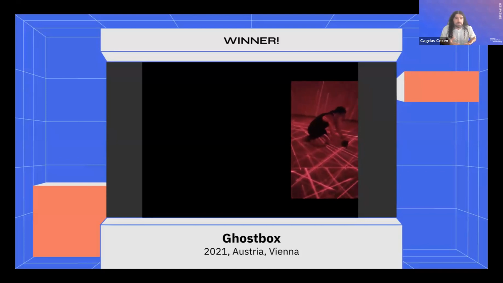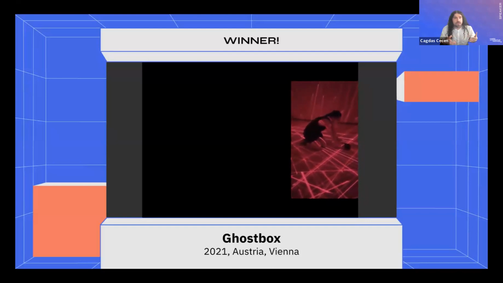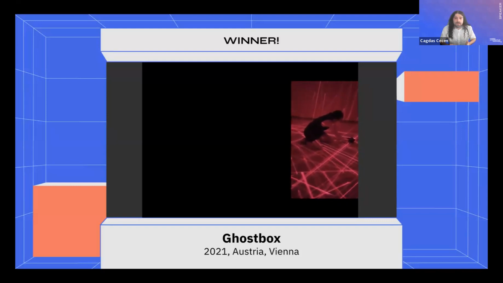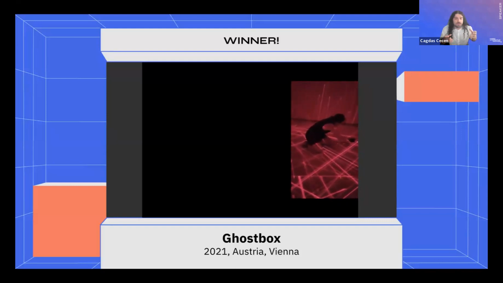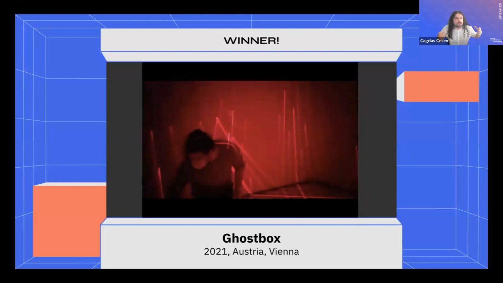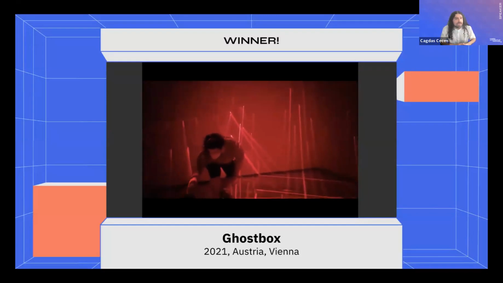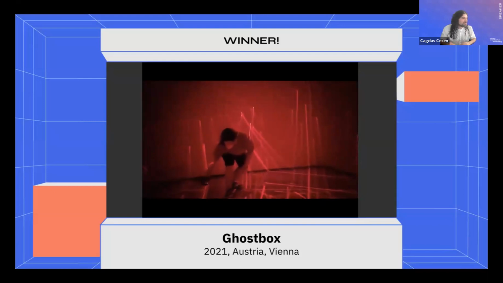And actually, because of the nature of the lasers, the work itself creates its own space. It depends on where you make your installation, and it creates its own space at the end, and it's freely explorable. And again, thanks to everyone.